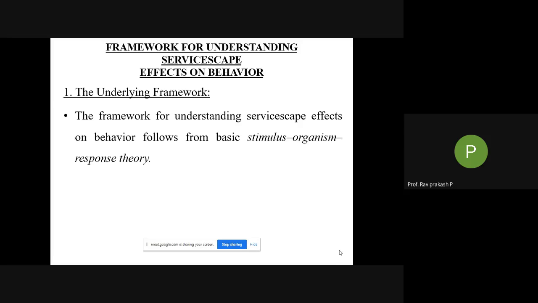So why is the servicescape important? You saw, you smelled it, you went there, you had your food, then you started socializing. You speak to the customers, you speak to the vendors, and you enjoy your food. Remember this particular instance. We'll be using it in the next slides as well.